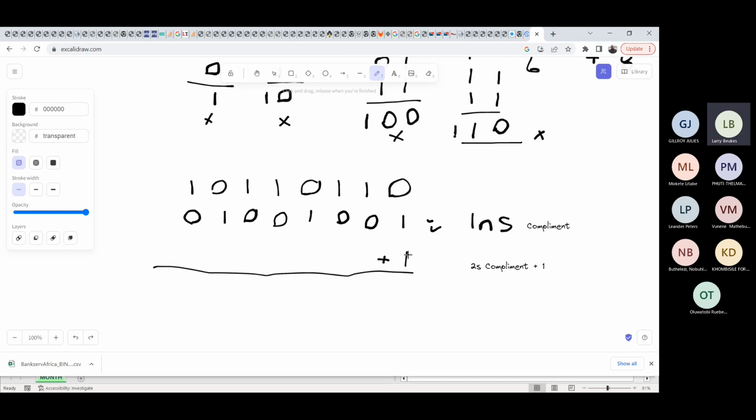So this is going to be 1 plus 1, which is 0, carry 1, right? Then this is going to be a 1. Then this will be the same, 0, 1, 0, 0, 1, right? This 0 is not necessary, but let's just put it there, I took a bad example. Do you get my point? So all that you need to do is to add a 1.